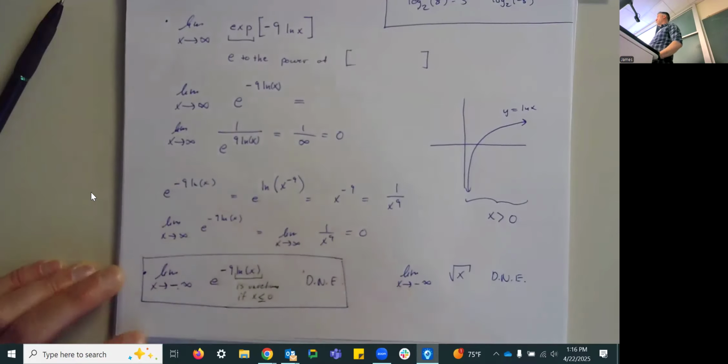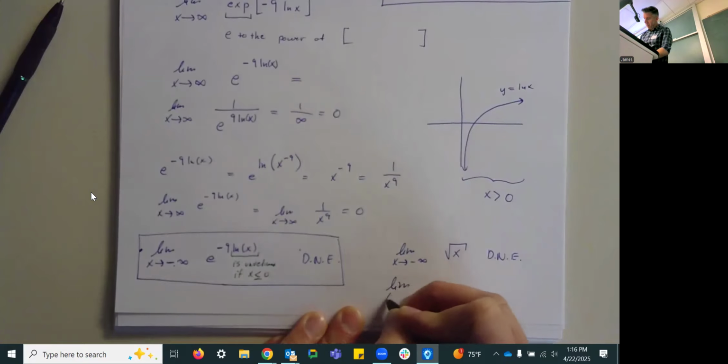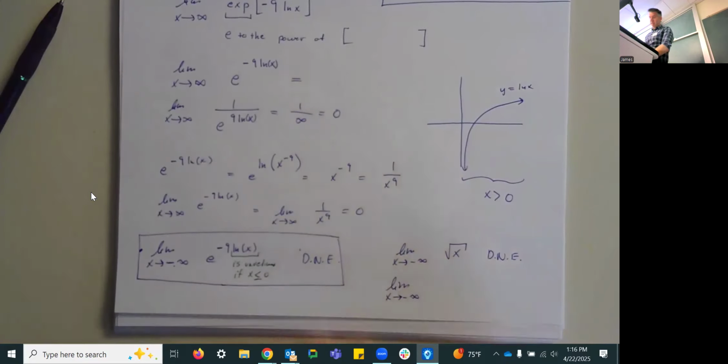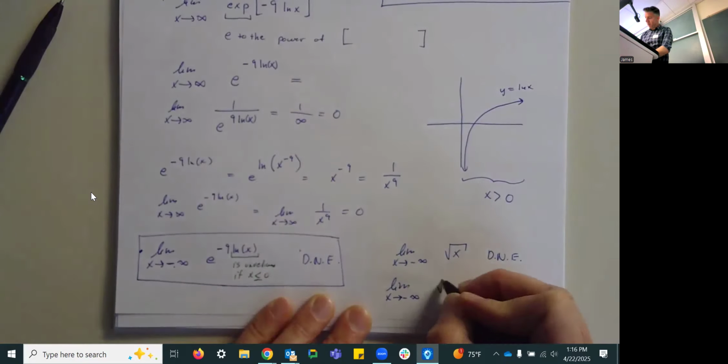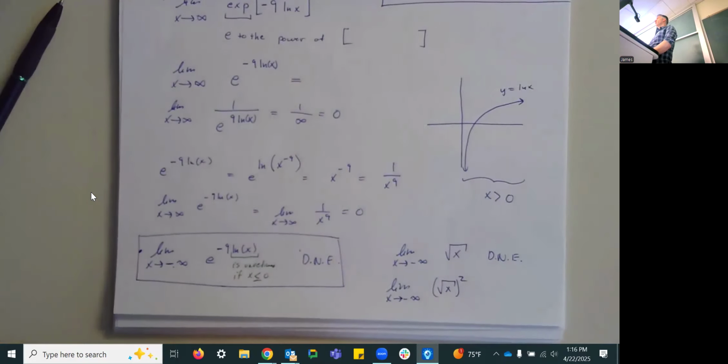And again, I'll stress one more time, even if it simplifies into something where you could do it later. For example, here's something that is going to be super annoying. The limit as x goes to negative infinity of the square root of x squared also does not exist, because the inside is jamming us up.